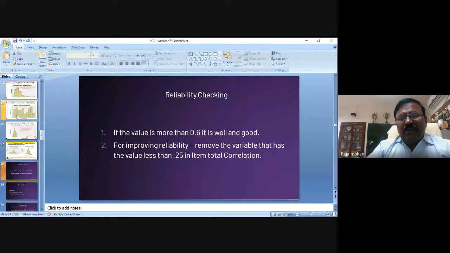Suppose you want to improve it. Yesterday I told you about moderation. As far as the questionnaire is concerned, see what we are doing. Once the pre-test is over, first we are moving for a pilot study. Without having the questionnaire, we move towards a pilot study, and we do the pilot study to prepare the questionnaire.